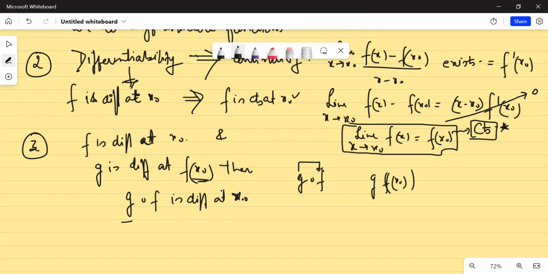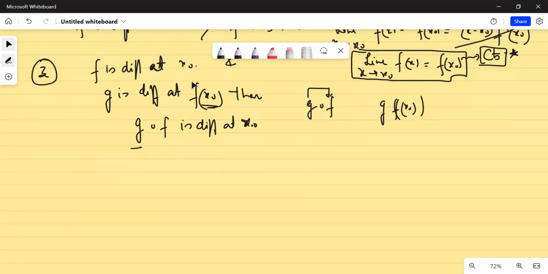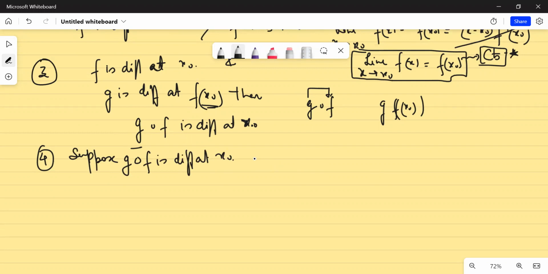And further, I'm writing it here itself. Further, at number four, suppose g of f is differentiable at x naught, and g is differentiable at y naught, which is equal to f of x naught.